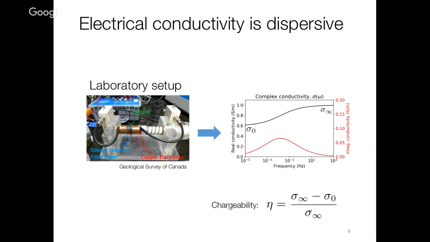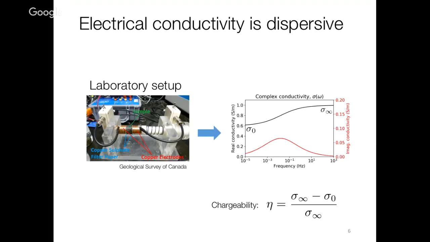If I plot frequency along this axis, and I plot the real part of the conductivity, at very low frequencies it's got some conductivity, and then at higher frequencies it's got a different conductivity. So it's like taking a rock. If I did a measurement at, let's say, 100 hertz, maybe the rock has a resistivity of 10 ohm meters.